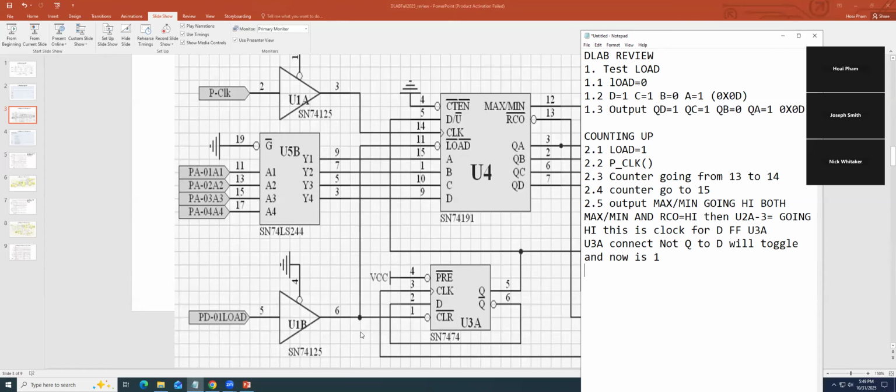So that will be telling you, okay, now I can say the toggle 1 is going to start counting down. D, okay, A pin 5 equal 1, okay. Now, if pin 5 is 1, so they connect to U4 pin 5.